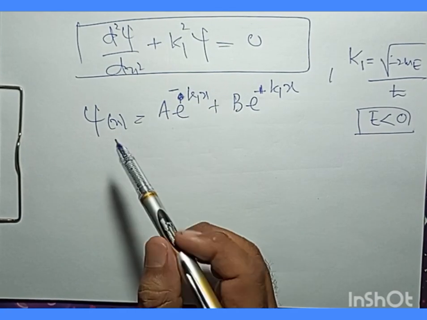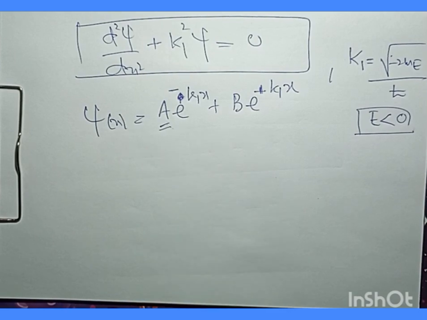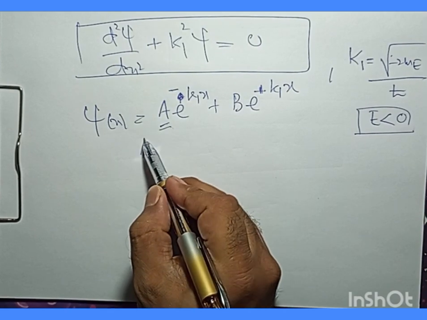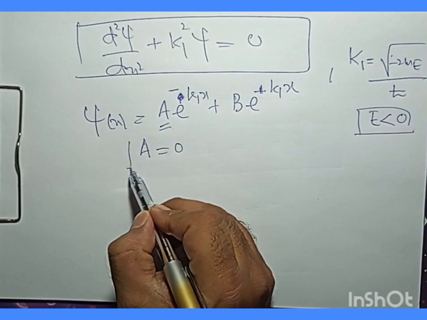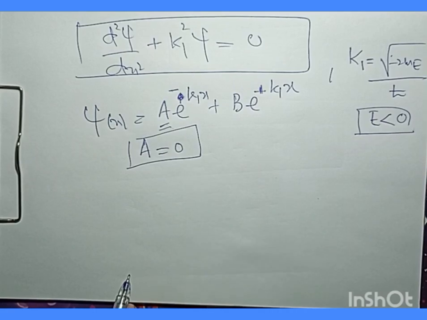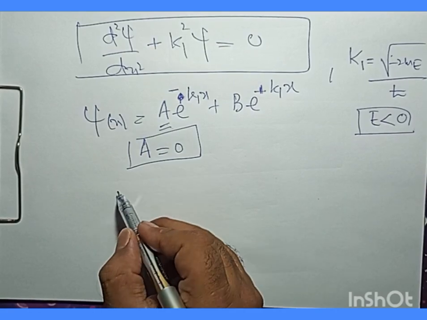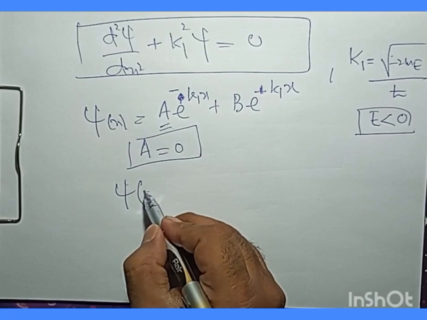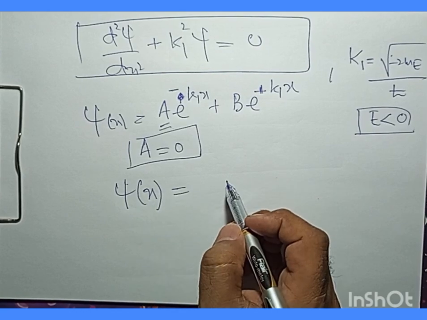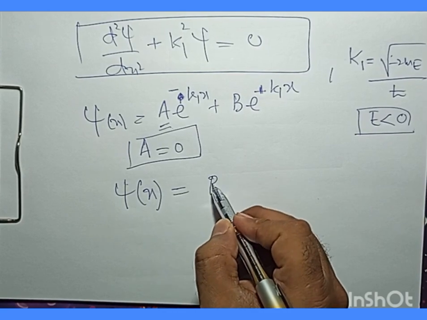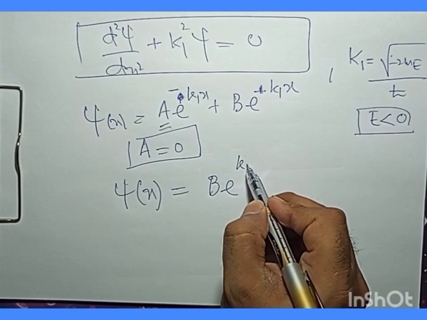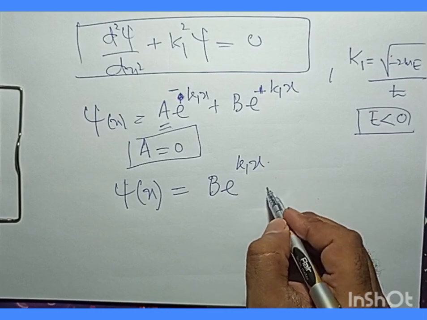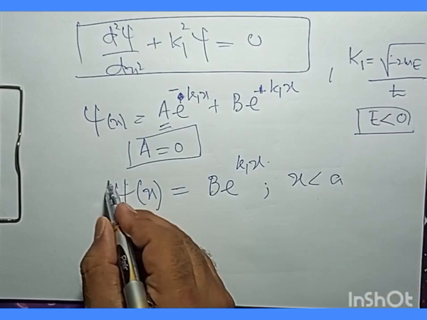So for that, this a, the constant associated with this term, has to be 0 in order to get it out of the solution of this problem. So the solution for this region of this potential well is b e to the power of K1 x, and that's true for x less than minus a.